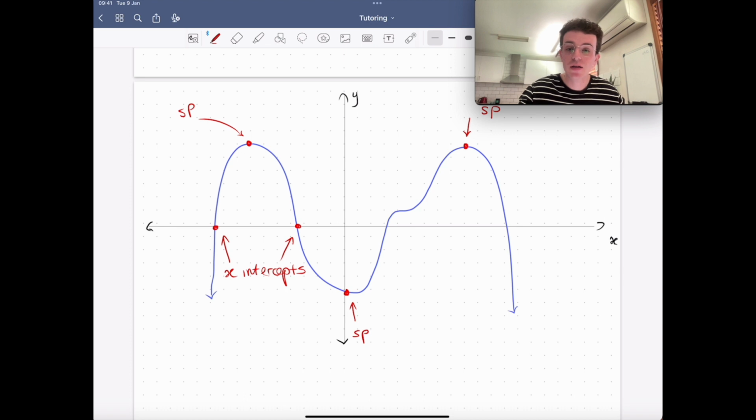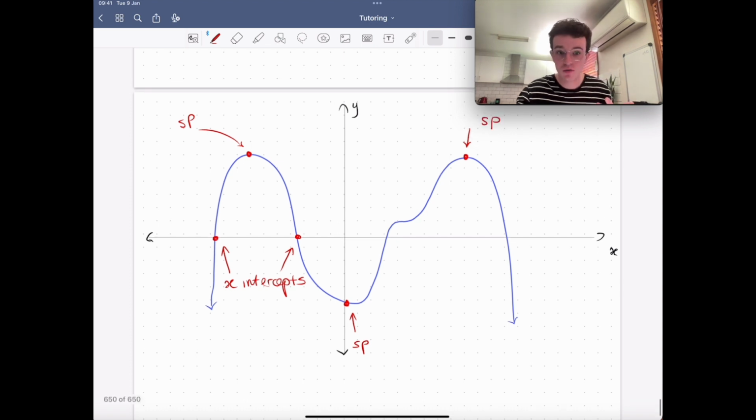This is what we call a stationary point. Now, a stationary point is when we know the first derivative is equal to 0, but it's really where the graph changes direction. In terms of velocity, if something goes up, before it starts going down, it must stop. So a stationary point is when, for example, the gradient of the tangent to this point is equal to 0.